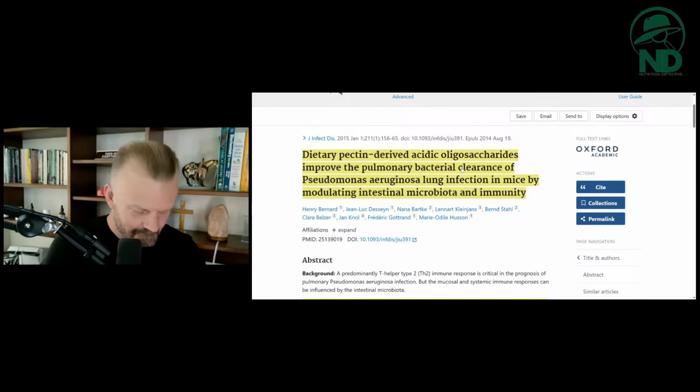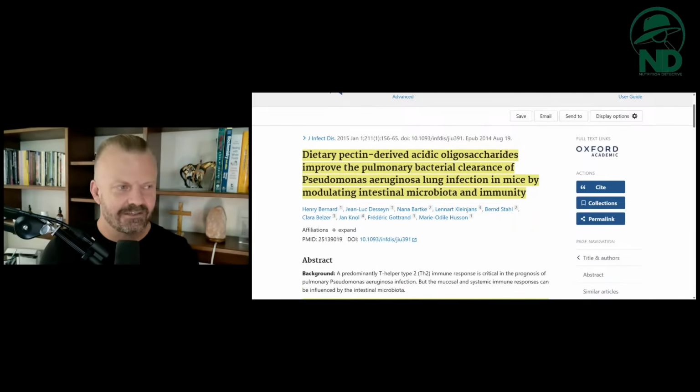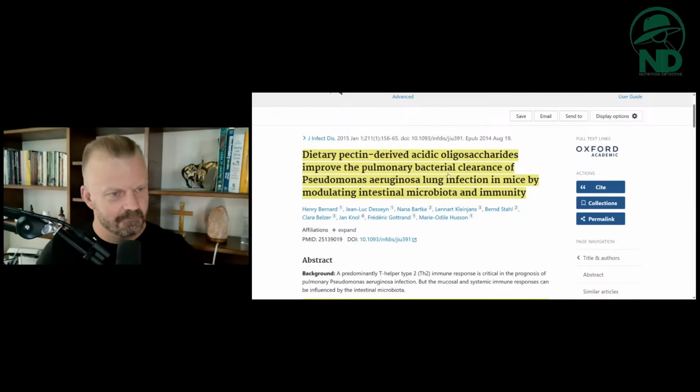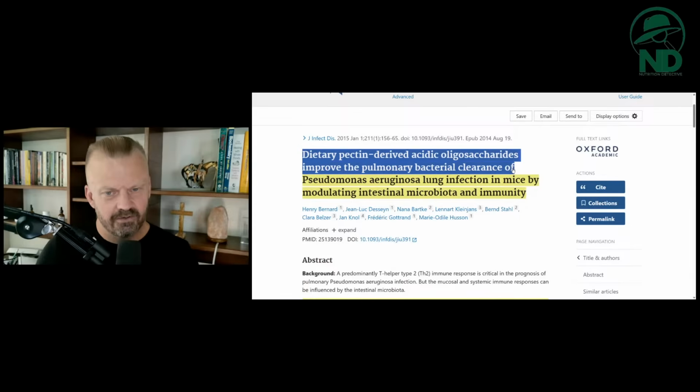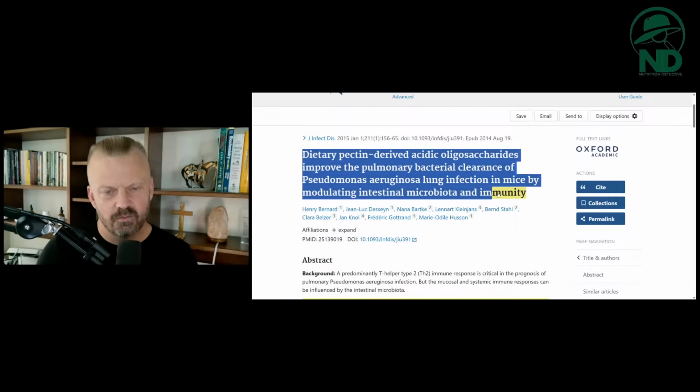So I thought this was interesting, right? So we've talked a lot about modified citrus pectin and apple pectin and Pecticlear, which is sodium alginate, but I thought I came across this. Improve the pulmonary bacterial clearance of Pseudomonas aeruginosa lung infection in mice by modulating intestinal microbiota and immunity.